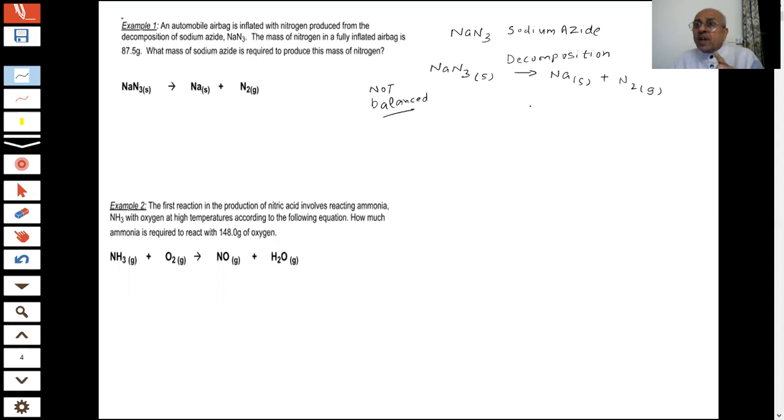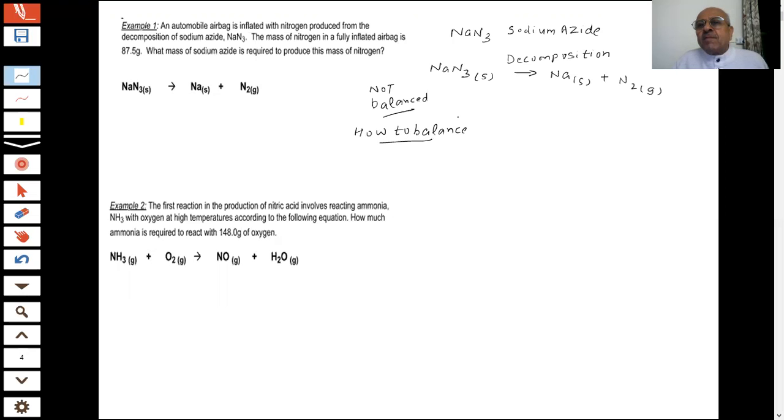That means the number of atoms of the reactants must be equal to the number of atoms of the products. Yes or no? So we have to balance it. Before we do anything, we have to balance the reaction, students. And how to balance, we have told you.